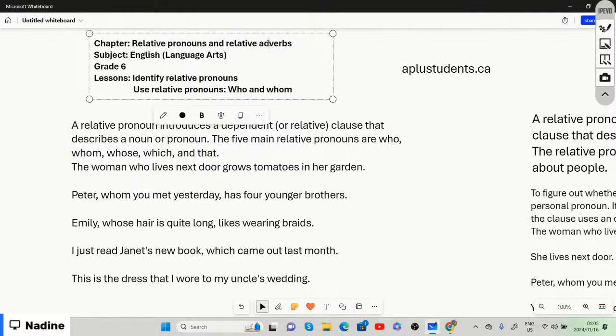So our chapter is relative pronouns and relative adverbs. Our subject is English language arts, grade 6. And the lessons that we're going to be focusing on are to identify relative pronouns and to use relative pronouns such as who and whom.